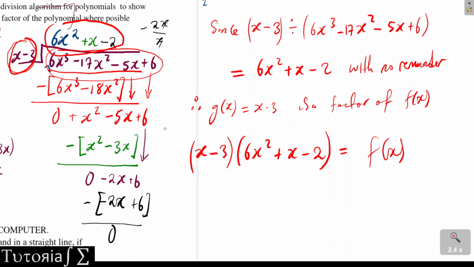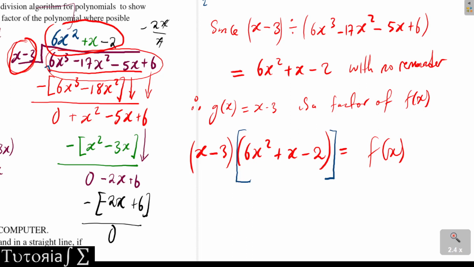Then we need to find the other factors. So to find the other factors, we further need to factorize this part here, which is a polynomial, as you can see, a quadratic expression. So we need to factorize the quadratic expression.